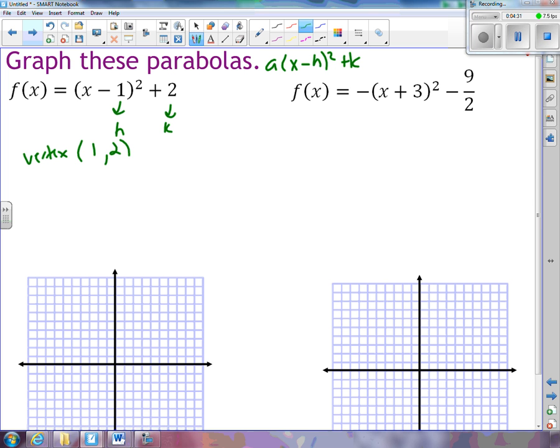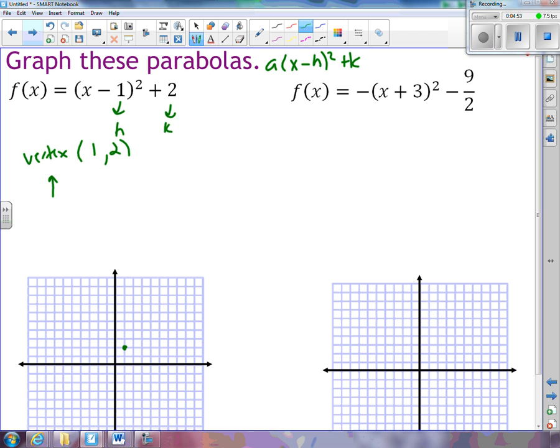So I know that that will be where the top or bottom of my U is. Now let's look at the direction. Because there's no number in front of the parentheses, a is just 1. That means that my parabola is going to be going up. And there's no vertical stretch, so it will have just the normal width.